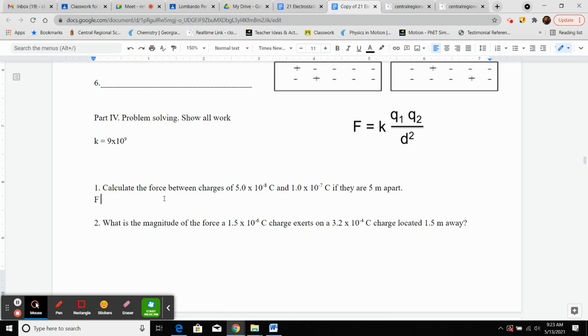So the equation for this, F is going to equal, you got to do 9. I'm just going to copy and paste because I'm lazy here. Copy this here. So I got 9 times 10 to the 9th. Oh, I need to get out of the exponent. So that would be control period. Go back down. Times this.